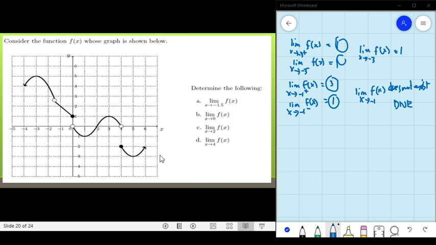From the right of 4, it goes to negative 2 for y. So, 0 and negative 2 are not the same values of y. Therefore, the limit of the function f of x as x approaches 4 does not exist. Okay?